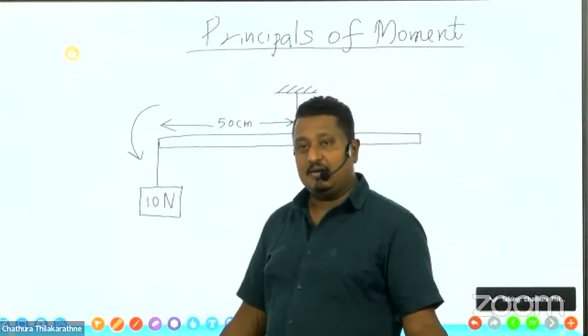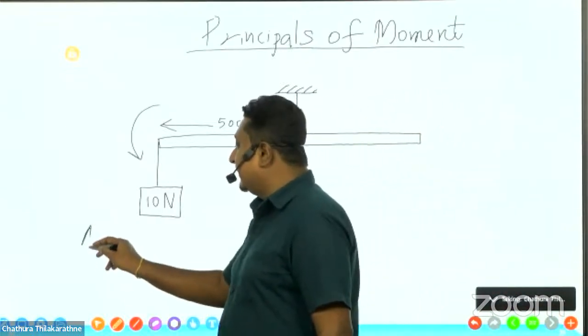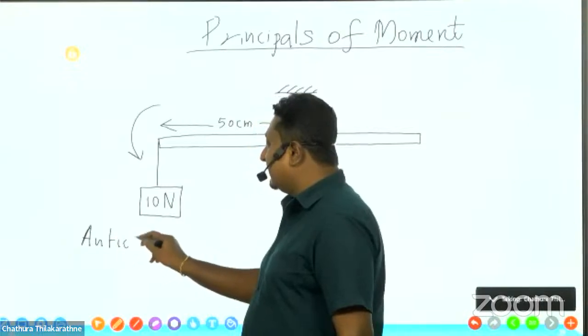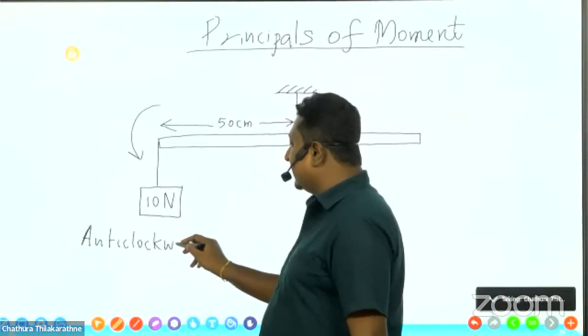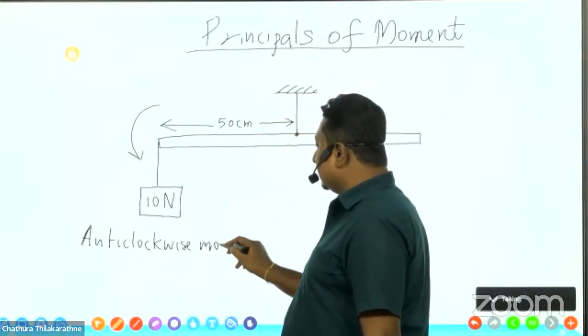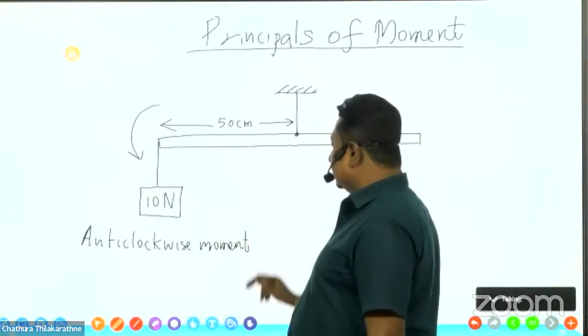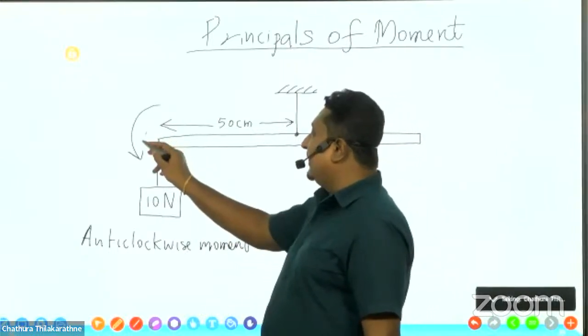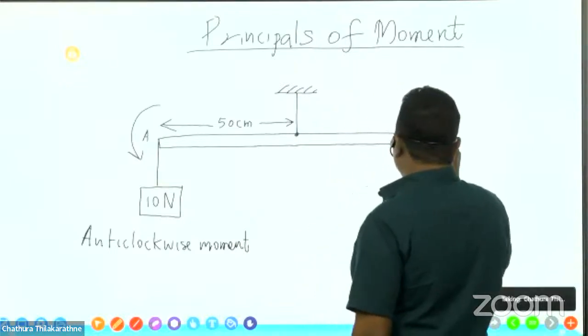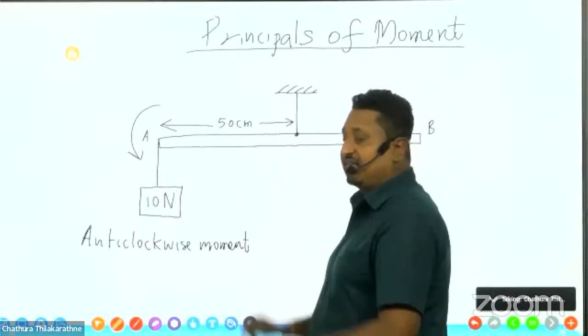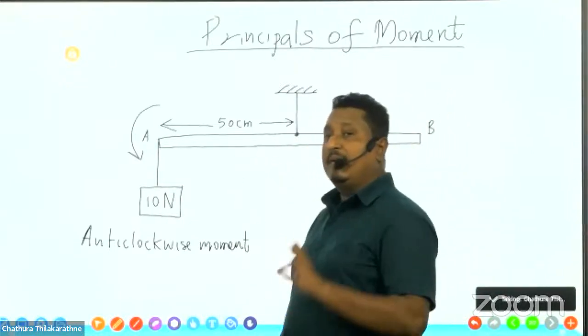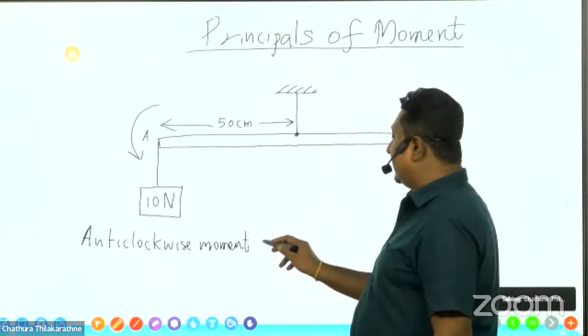Let's find the anticlockwise moment. If this point is A, the other point is B. If the meter rule is AB, the anticlockwise moment around A.